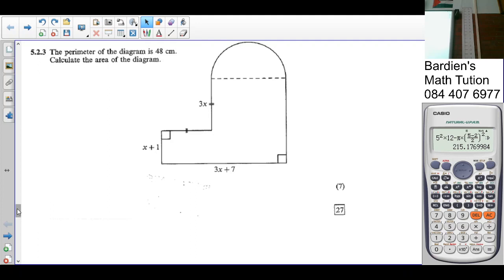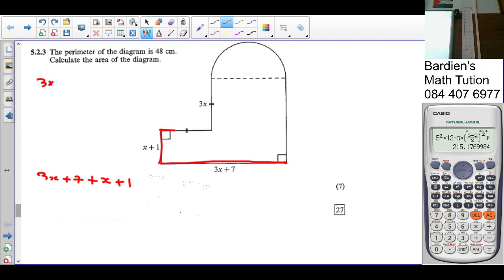Right. So the perimeter, which means to say we'll start here. It's going to be 3x plus 7 plus x plus 1. What's that length? 3x, because that length and that length are equal. Plus 3x plus this semicircle.